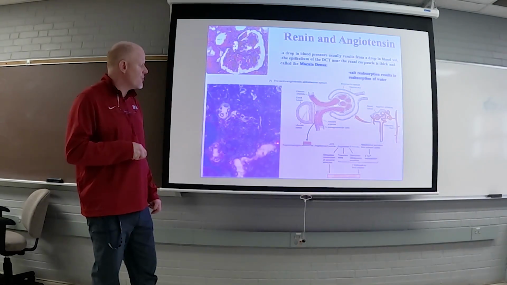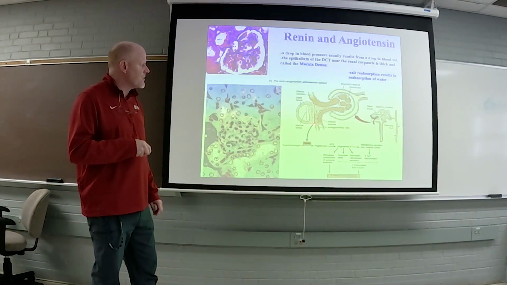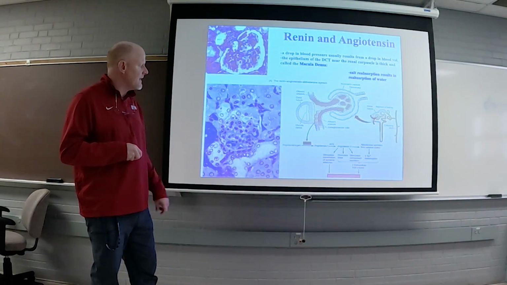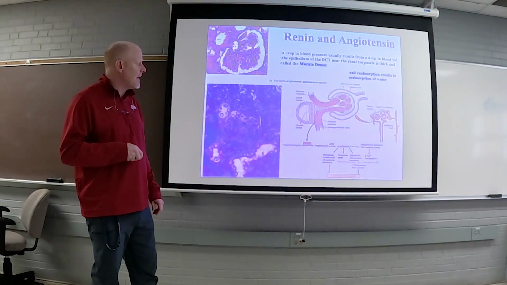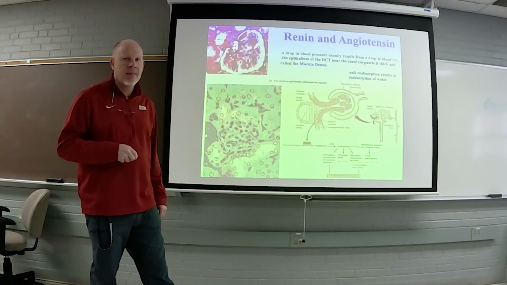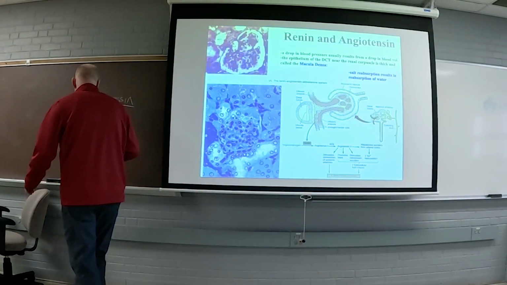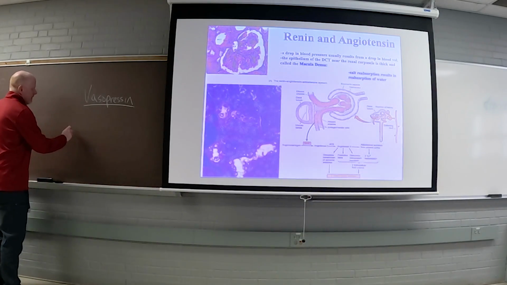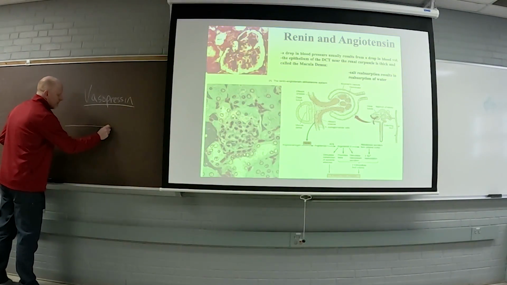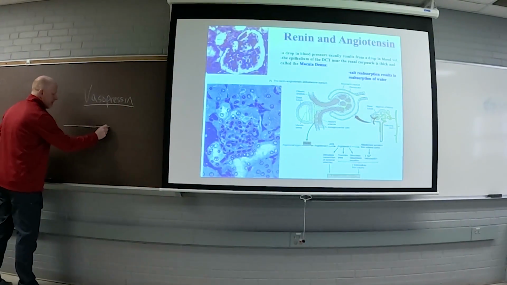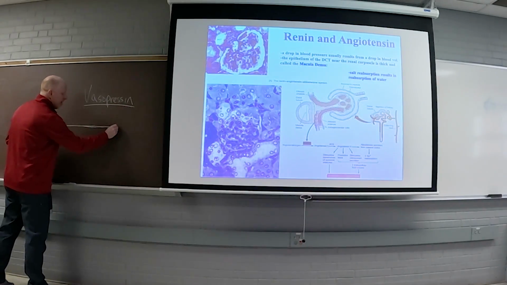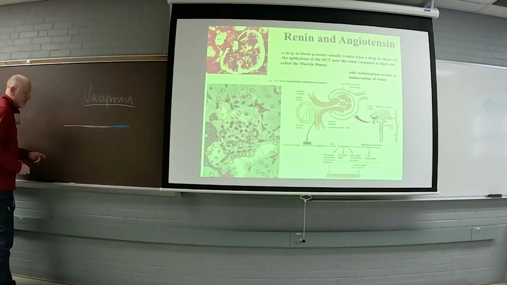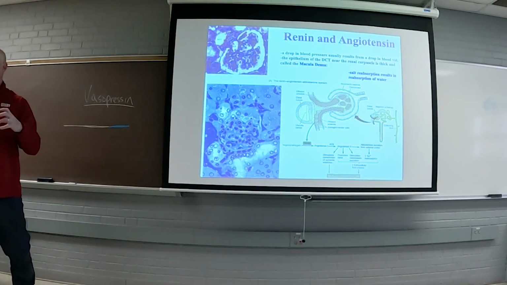So angiotensinogen is traveling. If I sense a drop in blood pressure, these juxtaglomerular cells will release renin. Renin will bind to the angiotensinogen and cleave off a part of the protein. Angiotensinogen has some amino acids on the end of it that prevent it from folding up.